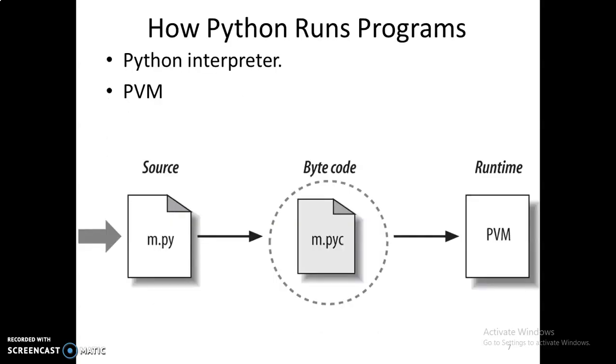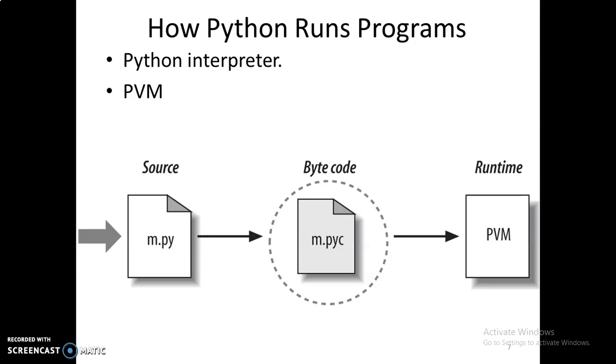Now, the first technical aspect is how a Python program runs. Two things are there: there is something known as a Python interpreter, and there is something known as a Python virtual machine. The program that you start writing in any language, of course, is known as source code. You must have a .py extension for the programs that you write in Python.